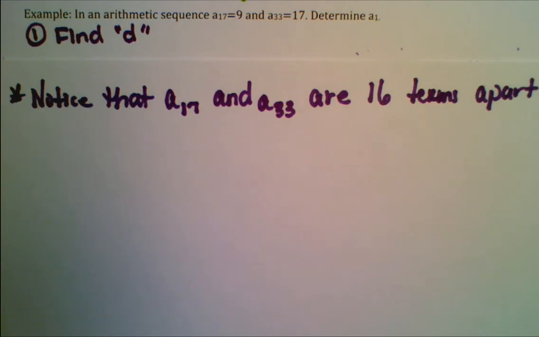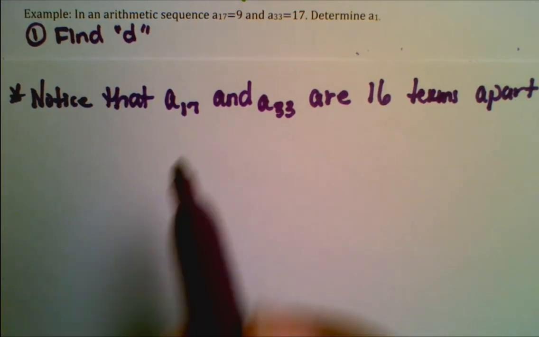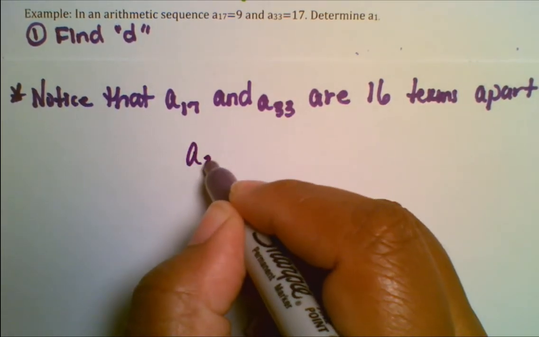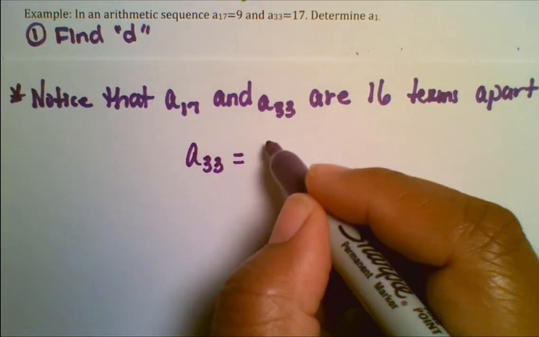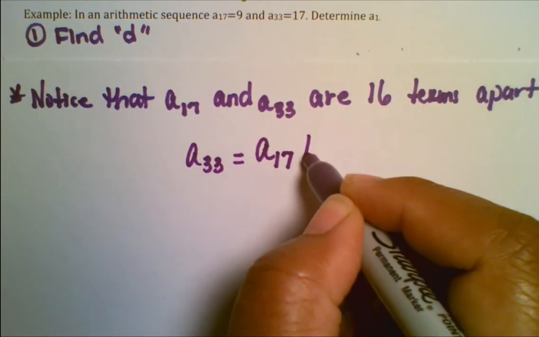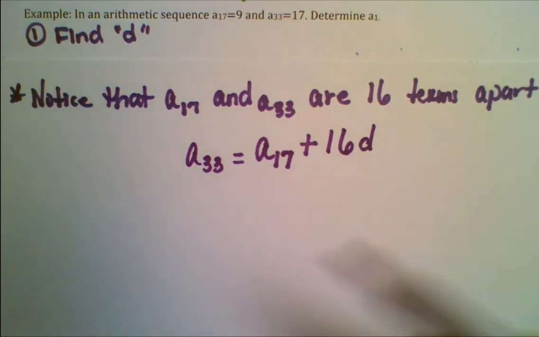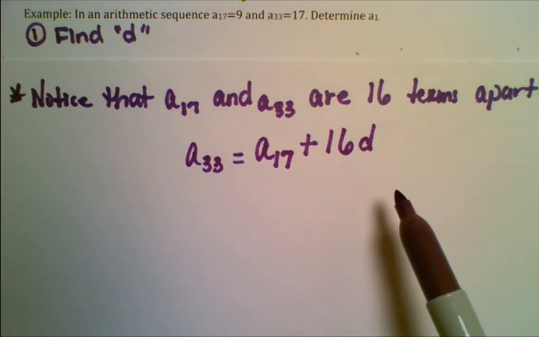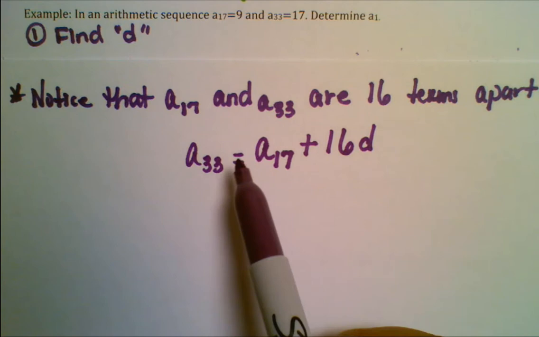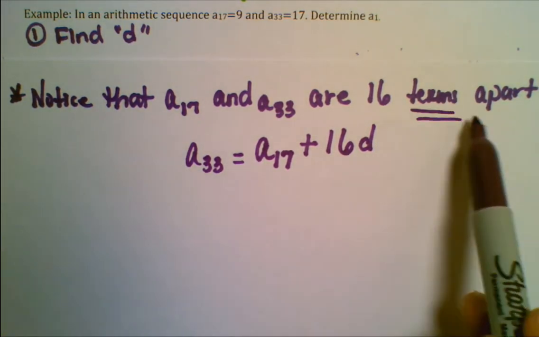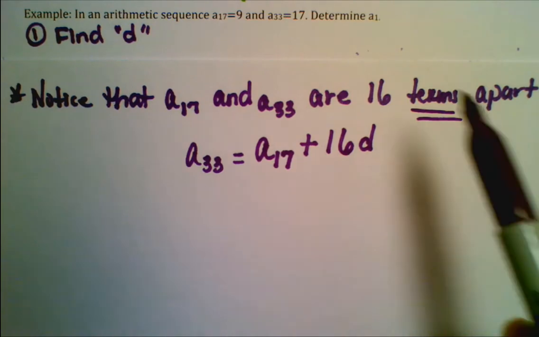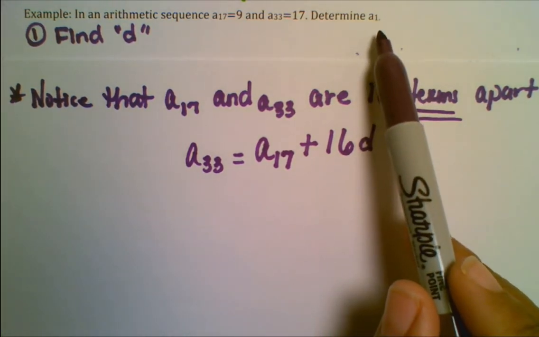Okay, so since they are 16 terms apart, we're going to use this information to find D. So we have here a sub 33 is equal to a sub 17 plus 16 times D. Okay, so how do we set this formula up here to find D? Right now our focus is just the terms, not anything else just yet, because we are looking for a sub 1.